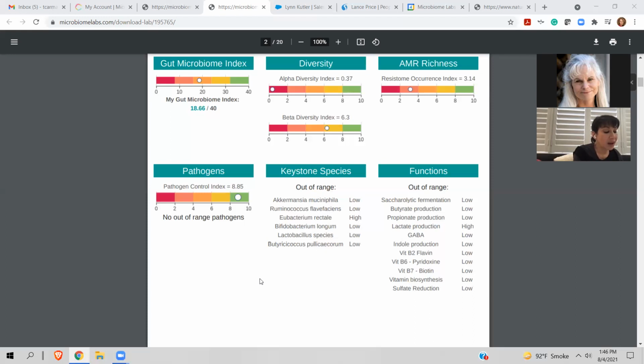So we do that by holding off on the megaspore, going with the HU58, then graduating them to the Restore Flora, and then graduating them to megaspore. So it's going to take them a little bit longer on the spore reconditioning month, but they just have to go slower so that their body will learn to tolerate the improving microbiome.